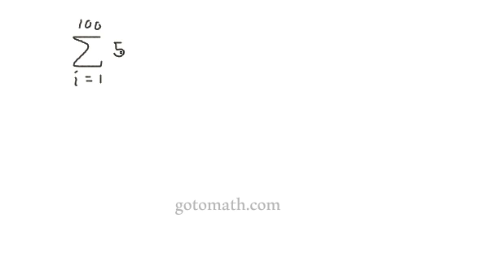Well, I don't think we want to sit here and go, let's see, what is this going to be? 5 plus 5 plus 5 plus 5 plus 5 plus da da da, right? So we can use this formula right here, which states that i equals going from 1, which is your lower bound, to n of some constant c, and that's going to be this guy right here. And of course, this is just equal to c times n.